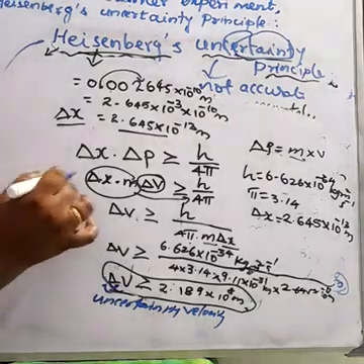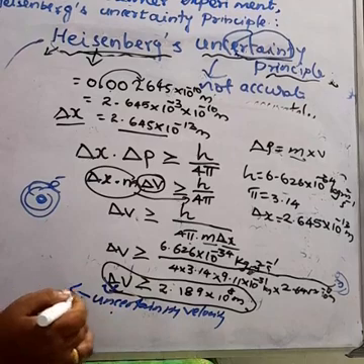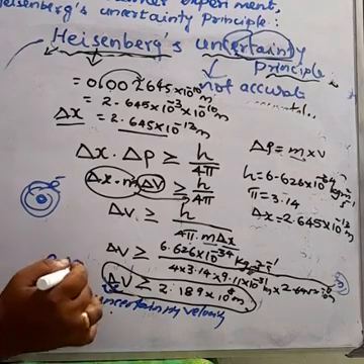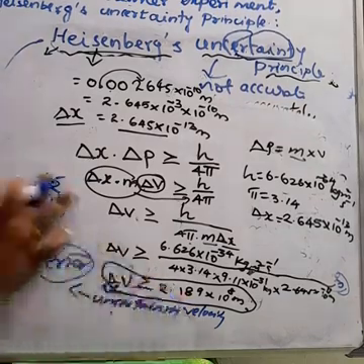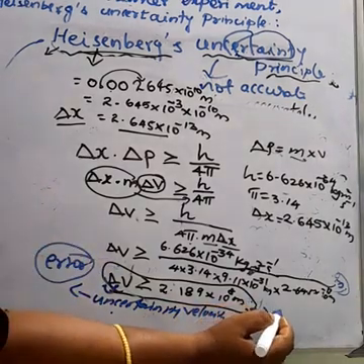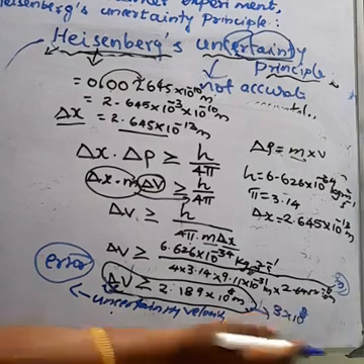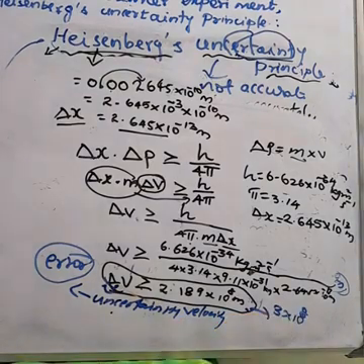So uncertainty means it's not exact. The uncertainty in the velocity of the electron is comparable with the velocity of light. What is the velocity of light? You know, 3 into 10 power 8 meter per second.